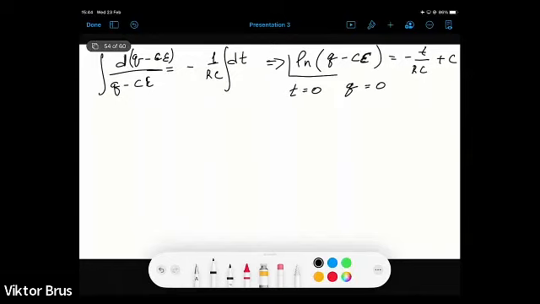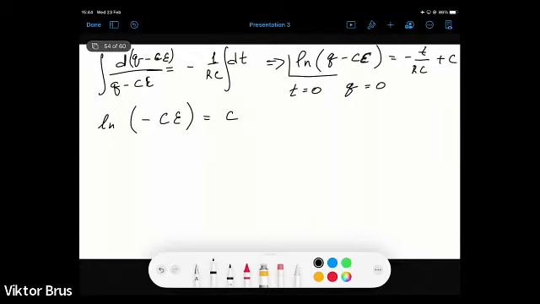So it will be natural logarithm. Q is equal to 0, so it will be just minus c times epsilon. And t is equal to 0, so it will be just this constant c.